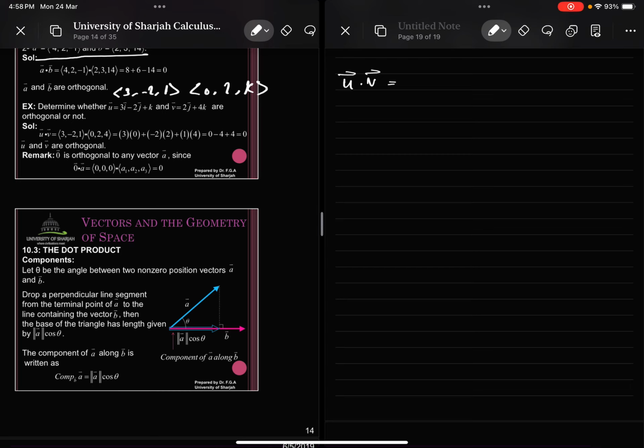So it will be 3 times 0 plus negative 2 times 2 plus 1 times, I write k here, 4 times 4. It will be 0. So vector U and vector V are orthogonal.